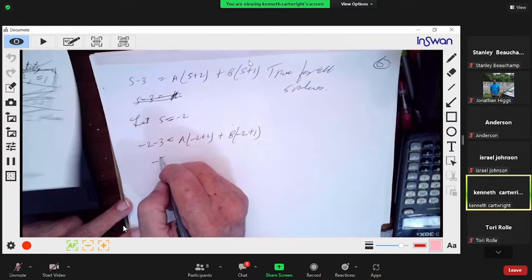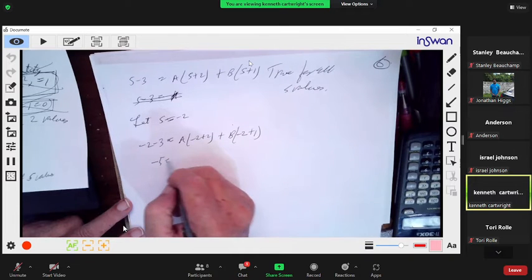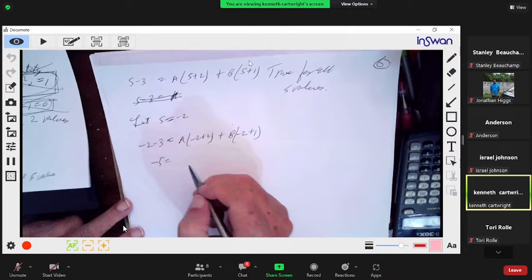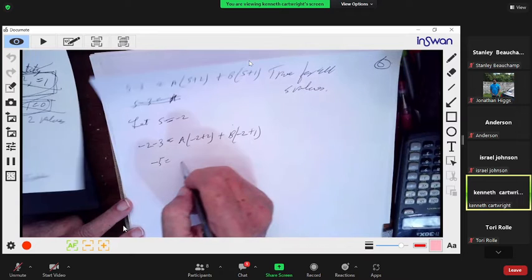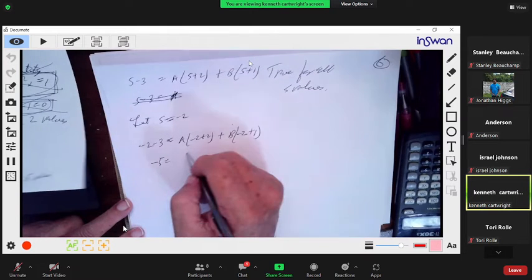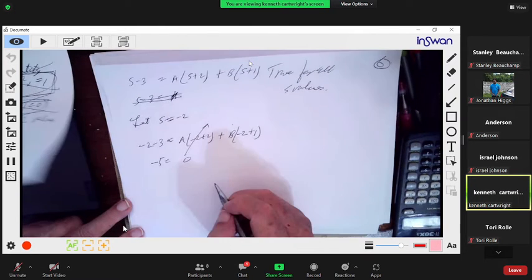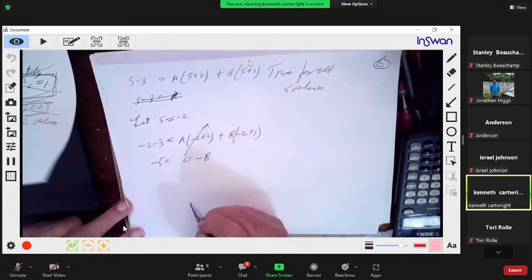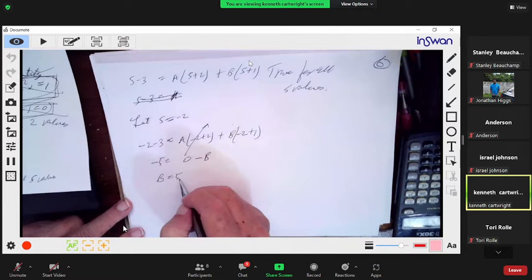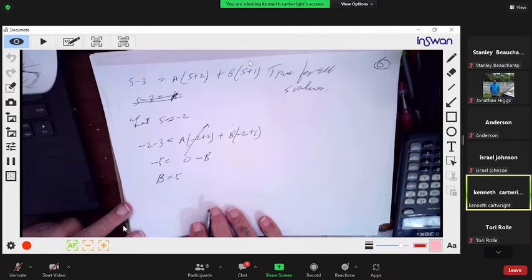So -5 equals, this is 0, 0 minus B. So B equals 5.